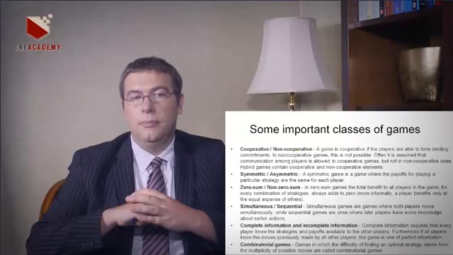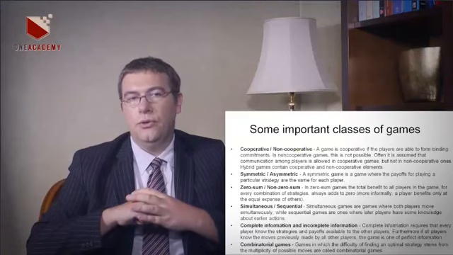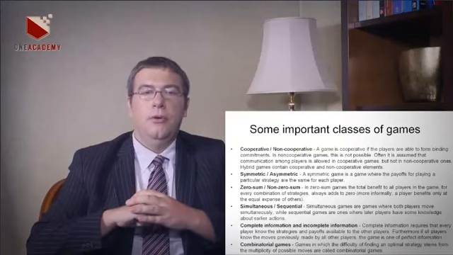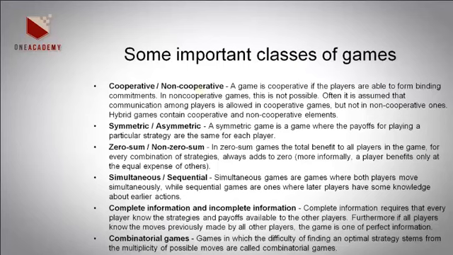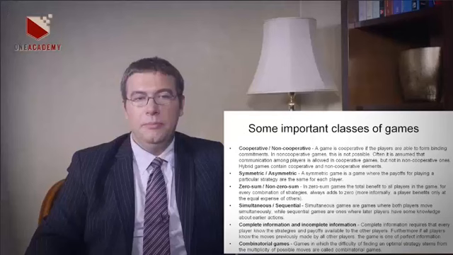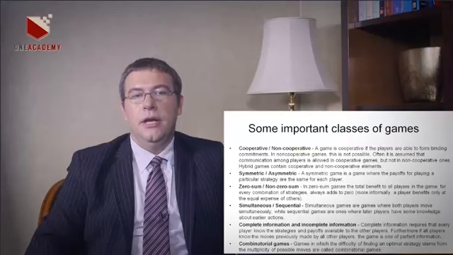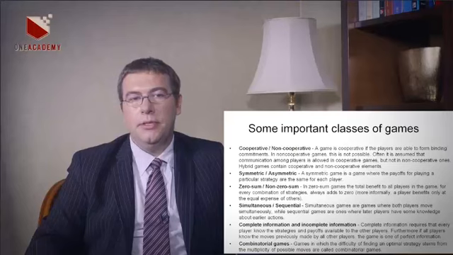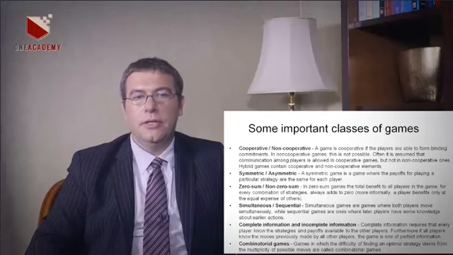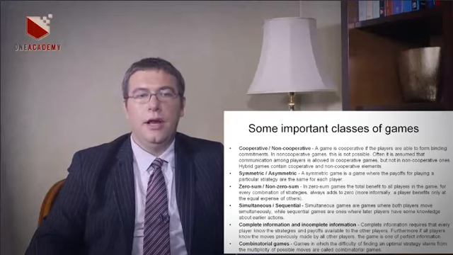For example, the prisoner's dilemma that I have just showed you is a totally non-cooperative game, where the stable solution is always non-cooperative. A game is cooperative if the players are able to form binding commitments. In non-cooperative games, this is not possible. Often it is assumed that communication among players is allowed in cooperative games, but not in non-cooperative games. Hybrid games contain cooperative and non-cooperative elements.